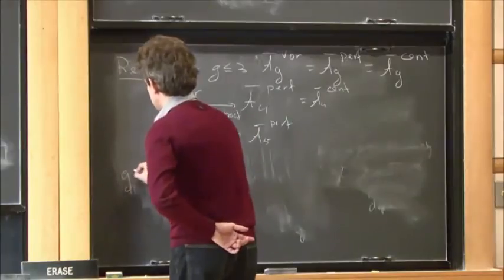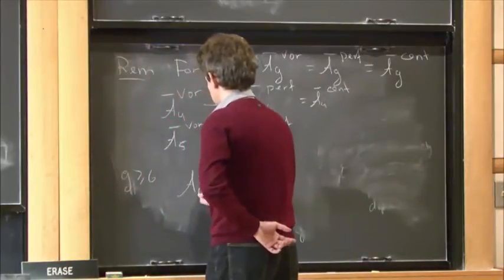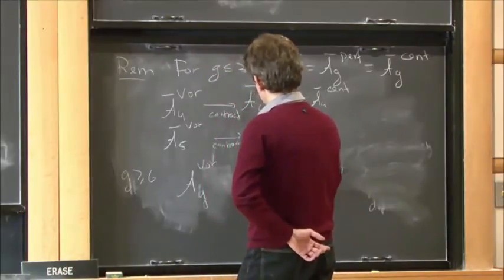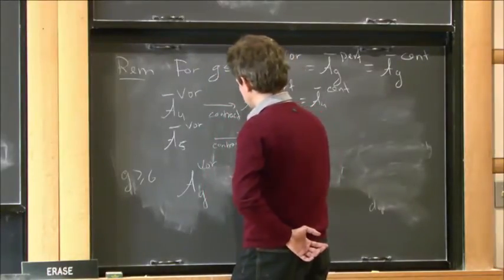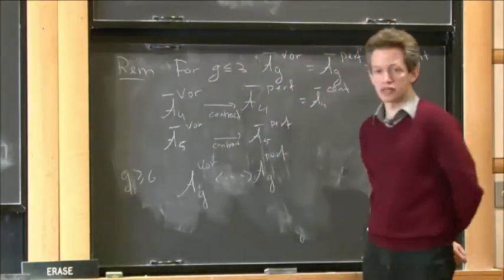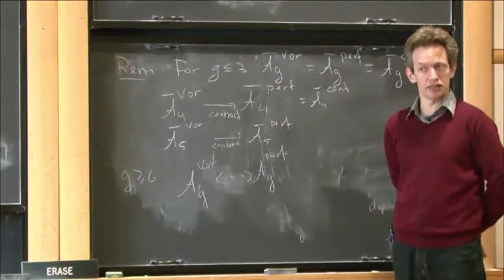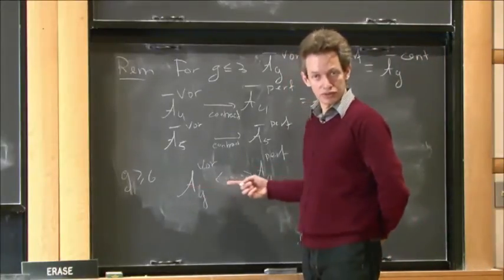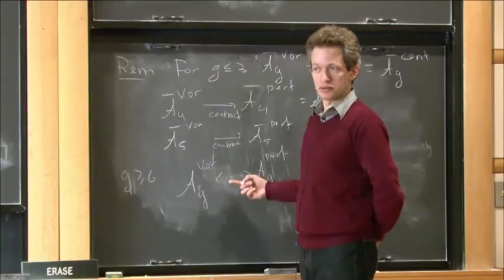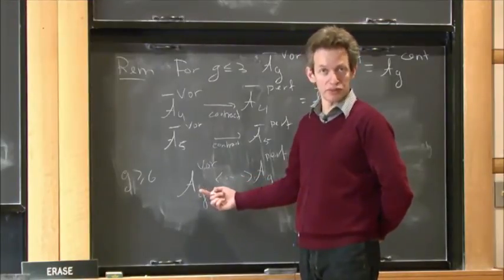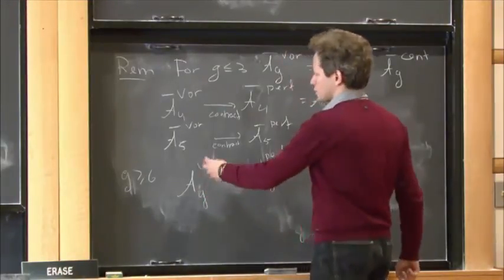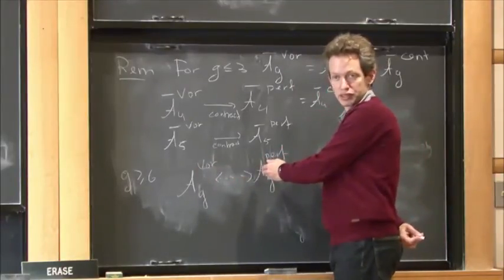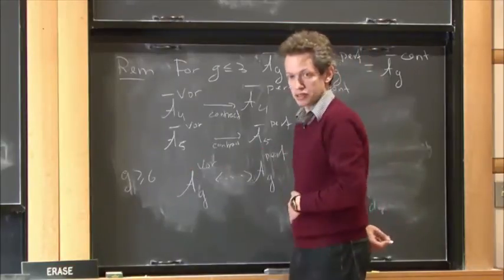And for g at least 6, A_g Voronoi, A_g perfect cone, I will focus mostly on these two. There are rational maps both ways, because you can just take the identity on A_g, that's boring, but there do not seem to exist any morphisms. Why do I say do not seem to exist? I cannot prove that there is not a morphism, maybe there is. But the collection of strata here is not a subset of the collection of strata here, and the other way around.